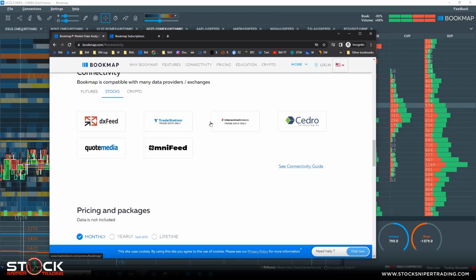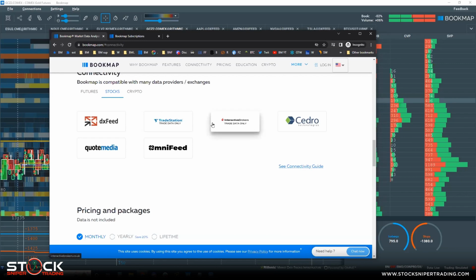Now we have TradeStation and Interactive Brokers listed here, but you cannot get data from them for Bookmap. Instead of getting data, you're actually going to be sending them data. So if you have the Global Plus version, you can connect to your TradeStation and Interactive Brokers account, to send them your trade data so you can take transactions. So that's how that works.